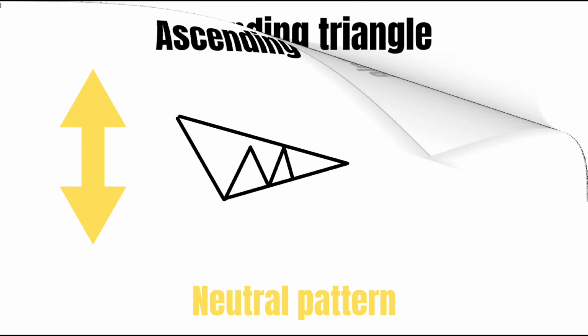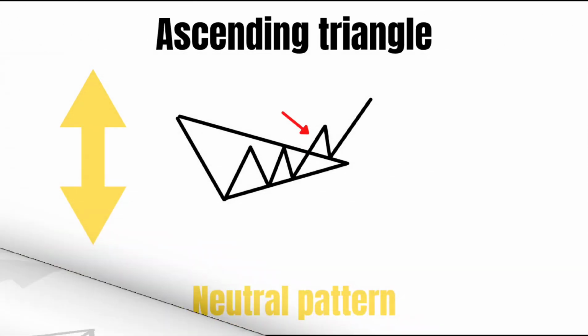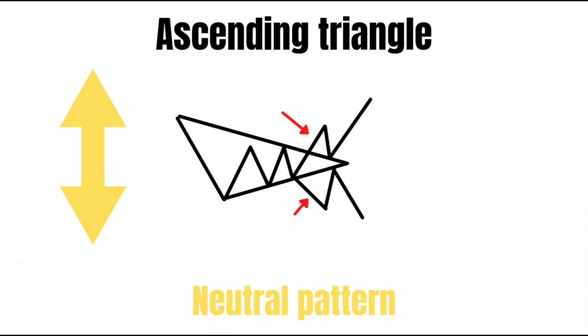If price breaks the upper line of the ascending triangle, the price is probably going to the upside. If it breaks the lower line of the triangle, it means that it is probably going to the downside. The way to trade in either direction is the same as with other chart patterns. As we saw, we wait for a breakout and we wait for the price to retrace back to the breakout line.